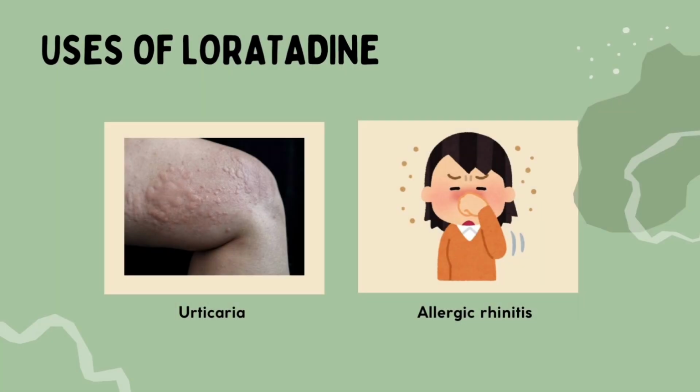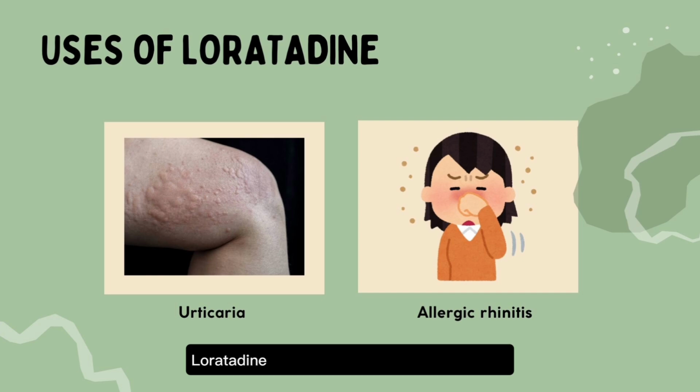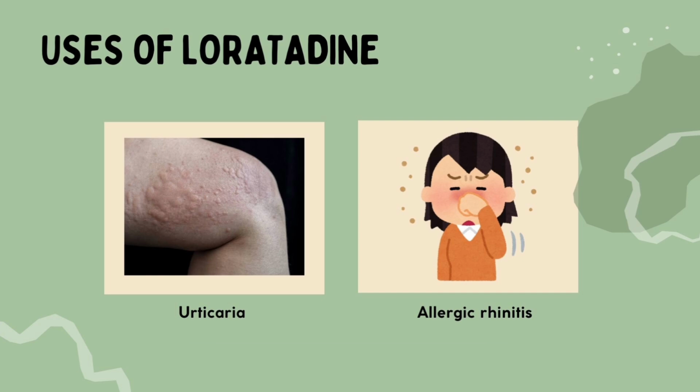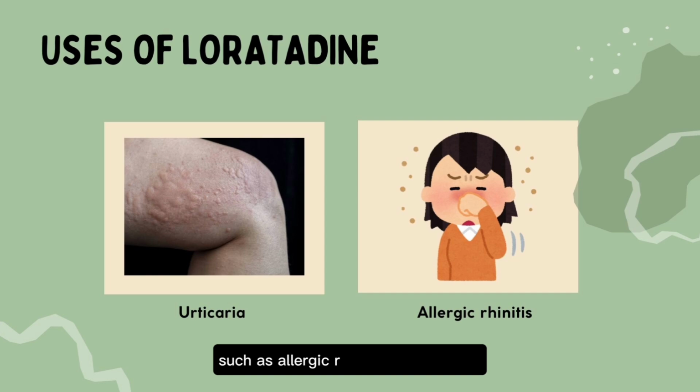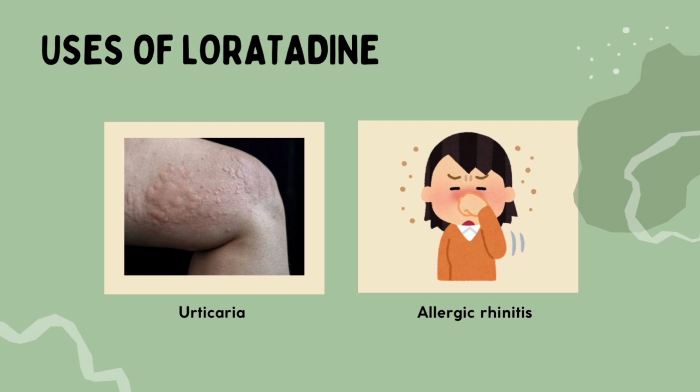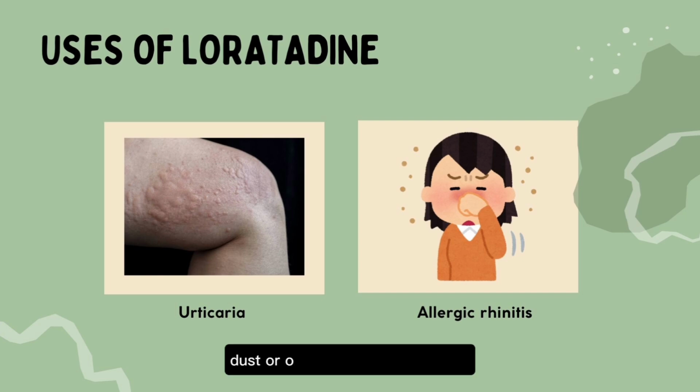Uses of loratadine. Loratadine is used to treat allergy symptoms such as allergic rhinitis and urticaria. In allergic rhinitis, loratadine effectively relieves symptoms like sneezing, runny nose, itchy eyes, and itchy throat caused by allergies to pollen, dust, or other airborne substances.